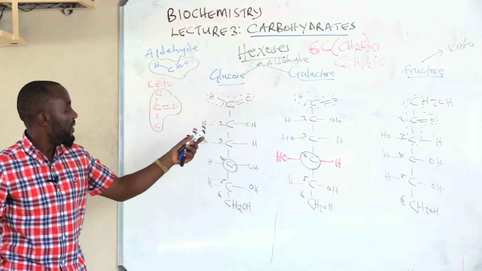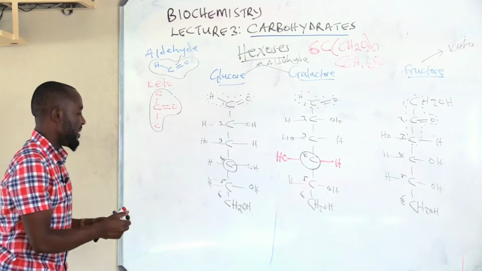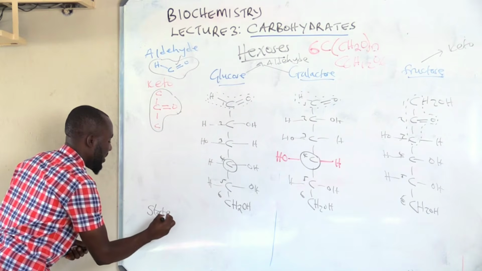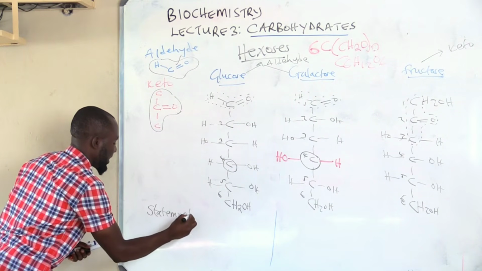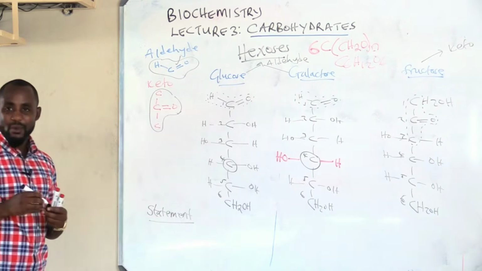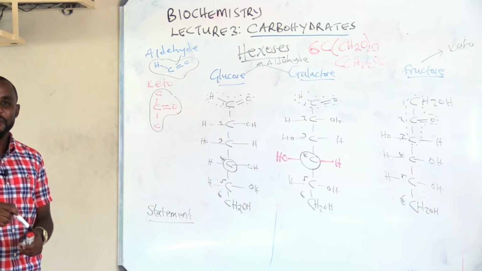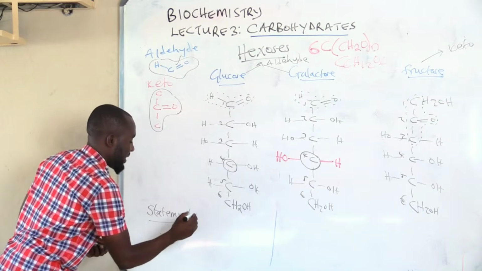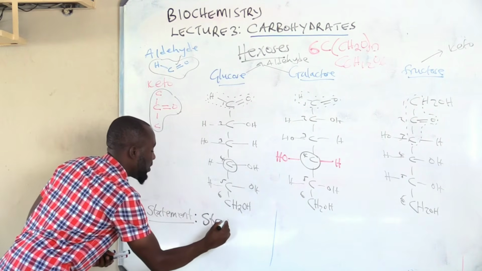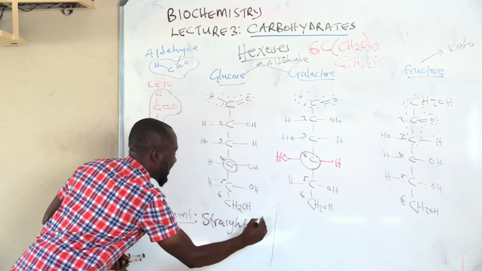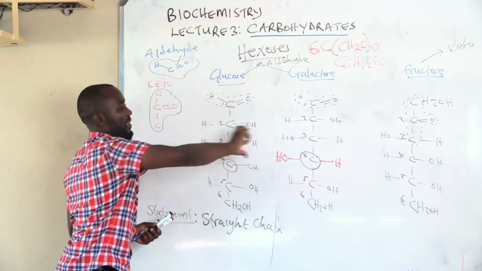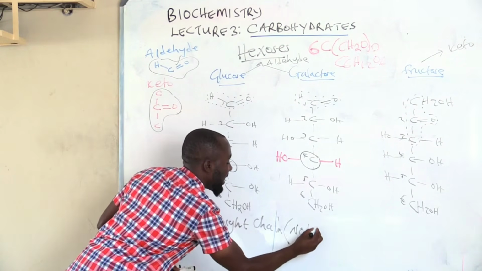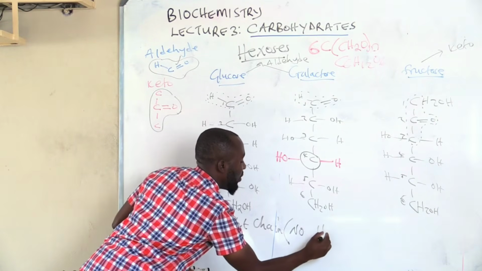So now that we have drawn them, there is a very important statement that I want to make about the hexoses. What is this important statement? These hexoses have a straight chain structure, which I've drawn here, when they are in an environment without water.